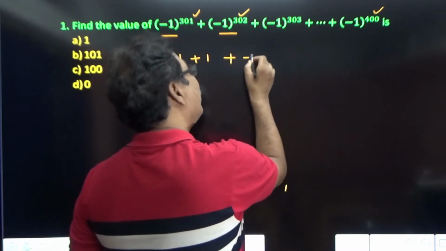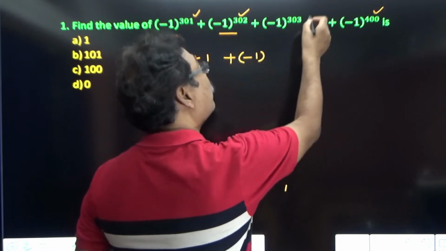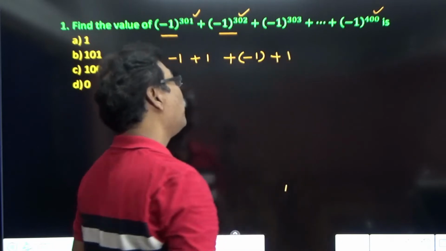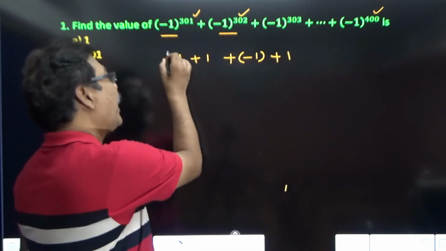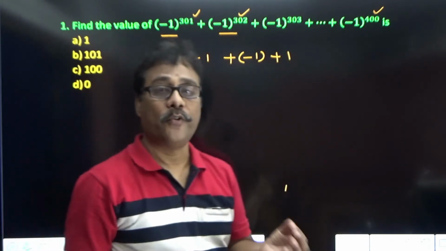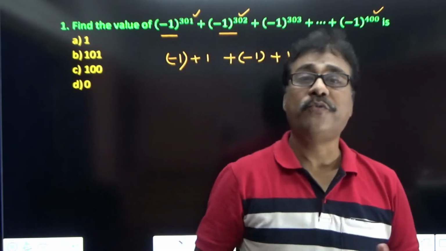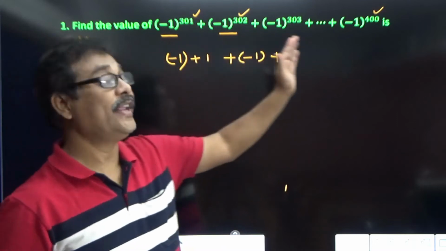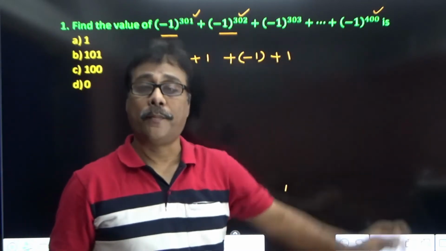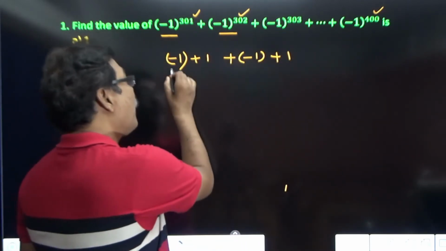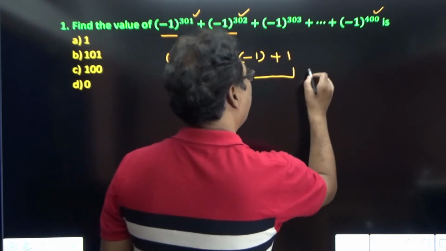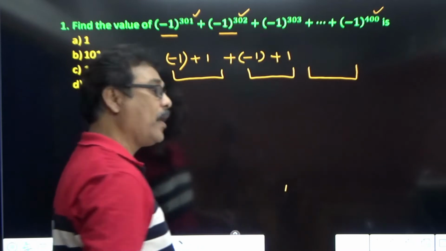The next term will be minus 1 to the power 304. So the power is even there, so it will be plus 1 here. So like that students, minus 1 plus 1, minus 1 plus 1, minus 1 plus 1, it goes up. And I can see because there are 100 number of terms, then we will have minus 1 plus 1, 1 pair, minus 1 plus 1, 1 pair, minus 1 plus 1, 1 pair.